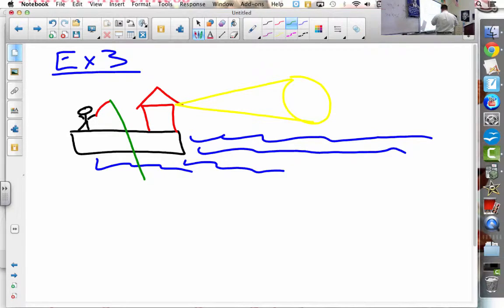Now, what they tell us is, let me read this again. I drew my picture. It's a 2.5 meter nylon fishing line used to hold up an 8-kilogram fish. So the length is 2.5. The original length is 2.5, right?